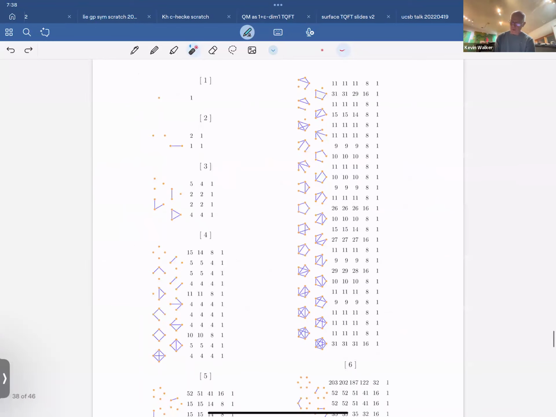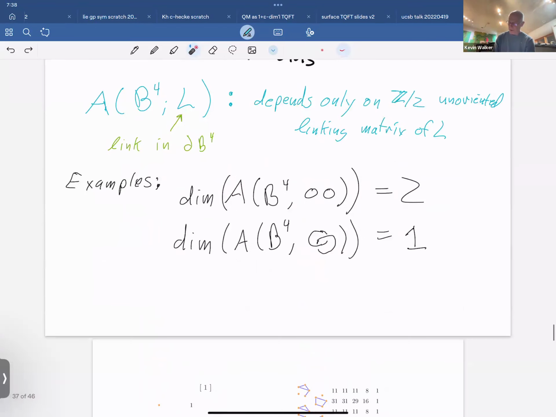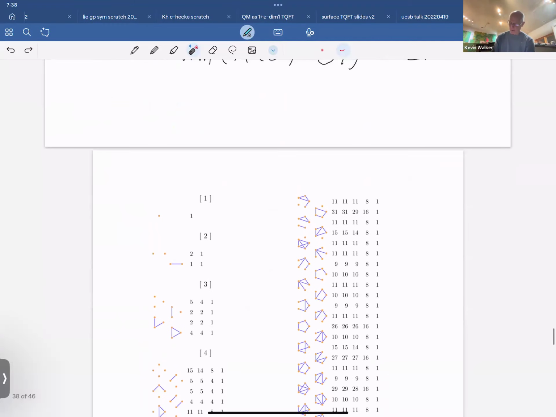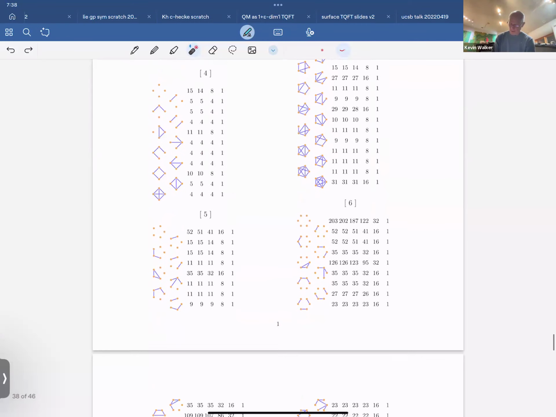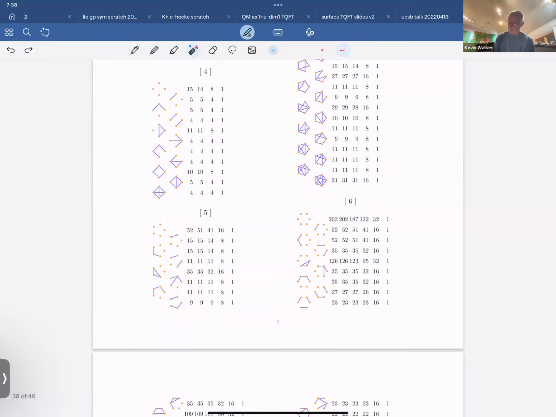And so now we can try to enumerate these linking matrices. That's kind of the same thing as a graph, where I have a vertex for each component of my link, and I draw an edge if the linking number is non-zero, odd. Here they all are up to 6 vertices, and this first column is the dimensions. There is a lot of repetition, but we're getting different numbers.